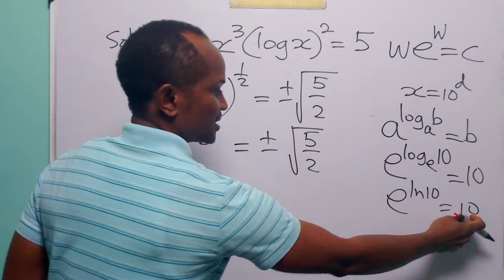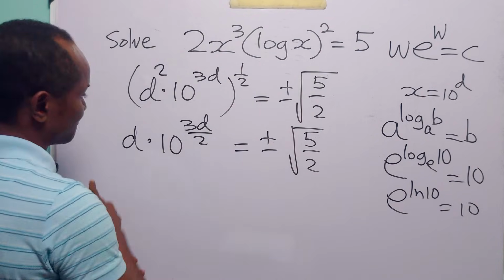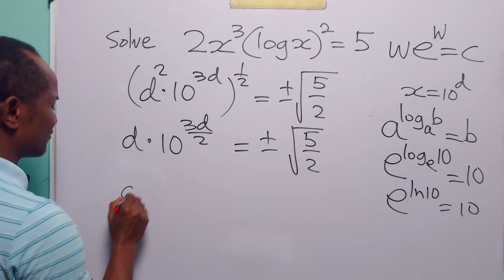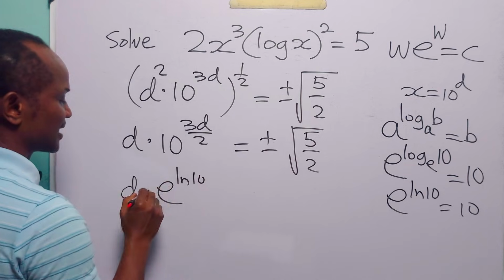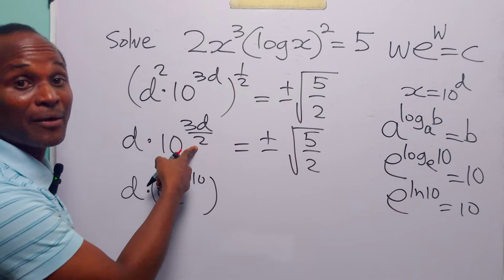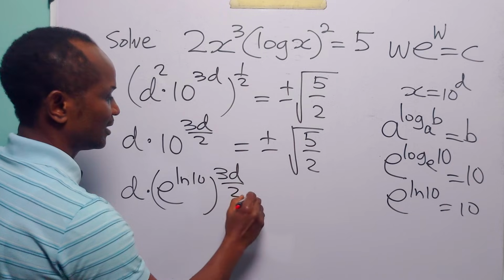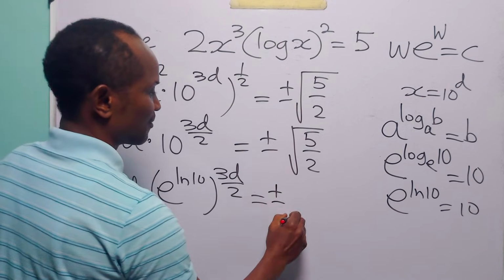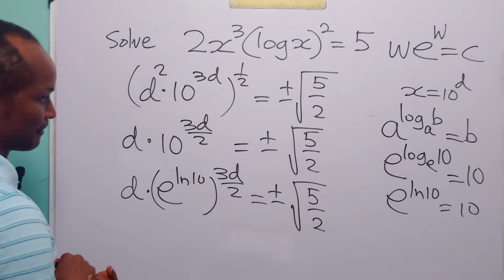Now, what we are going to do is that we will replace 10 with e to the power ln 10. So in this equation, we have d times e to the power ln 10. Of course, we still have the power 3d over 2. And this is still equal to plus or minus the square root of 5 over 2.